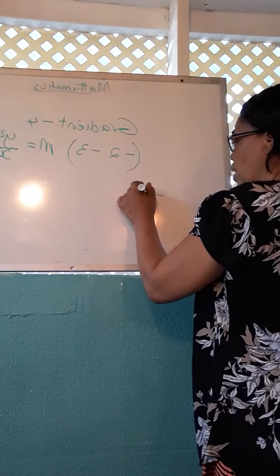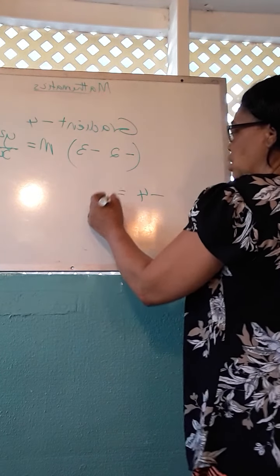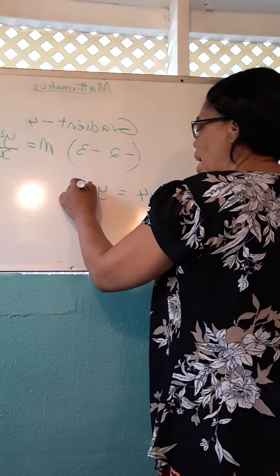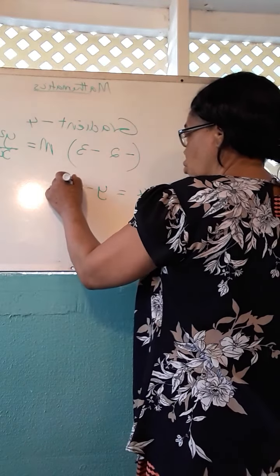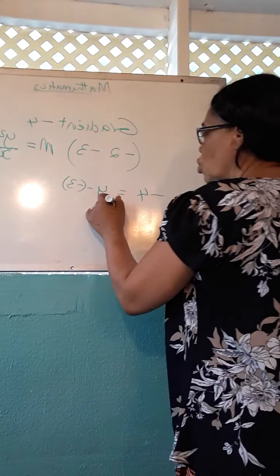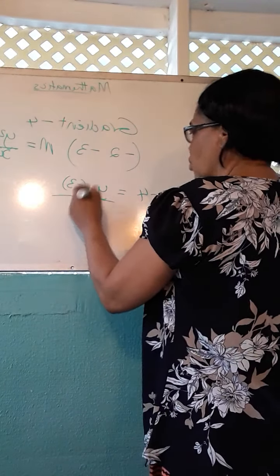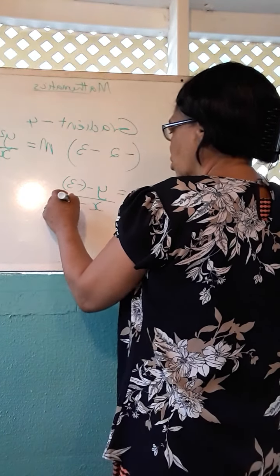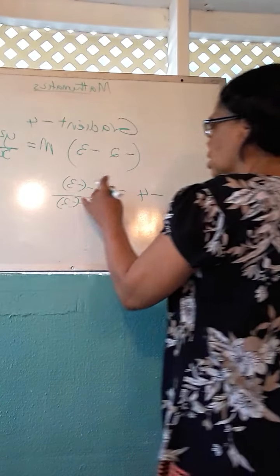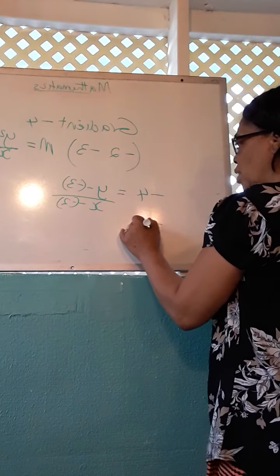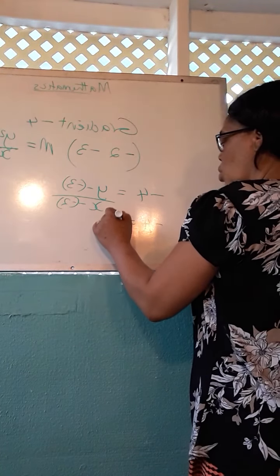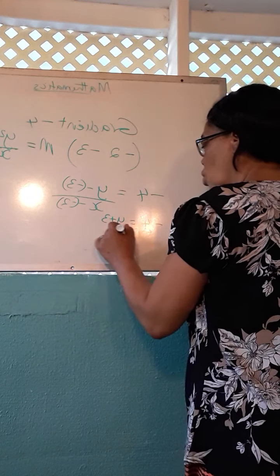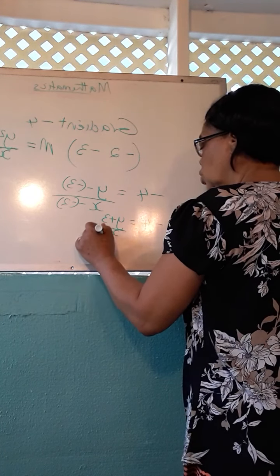So I'm going to put the gradient -4 is equal to y minus -3, over x, which I do not know, minus -2, which is my x. This is going to become -4 equals y plus 3 over x plus 2.